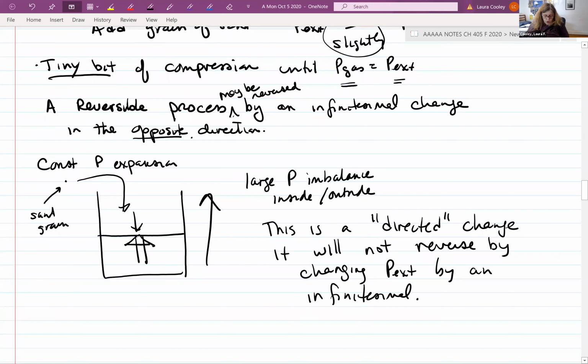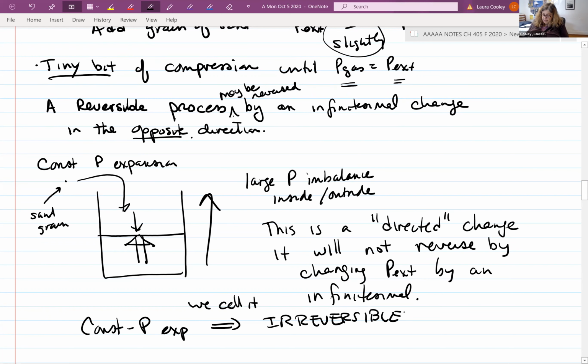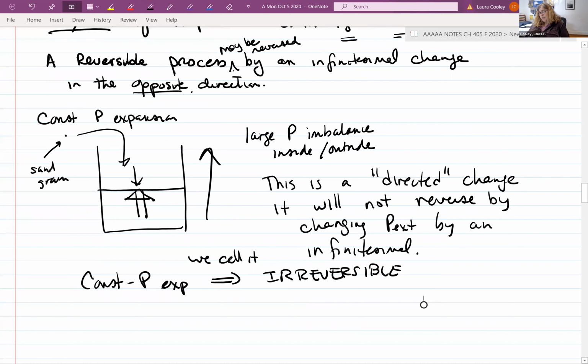Okay, so a constant pressure expansion, we call it irreversible, because you can't change it by changing the pressure by an infinitesimal. But there are other words for this, okay? We say that it is spontaneous.